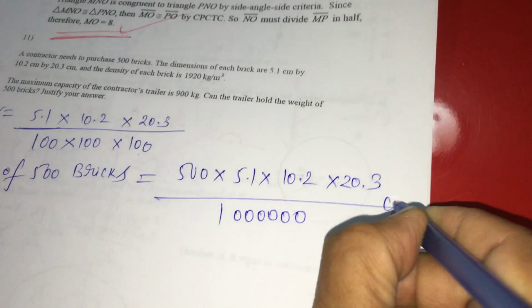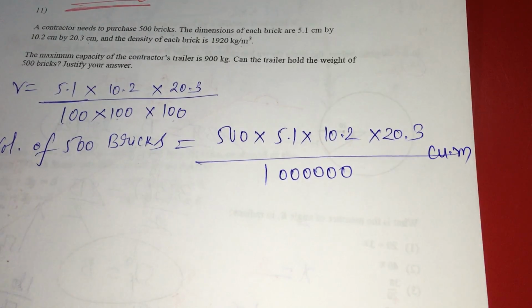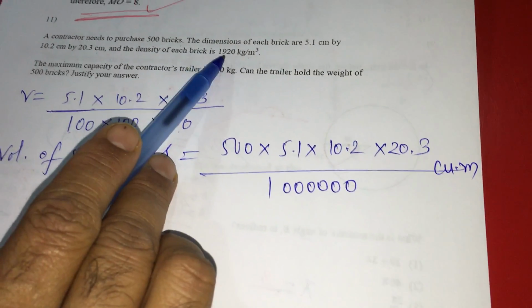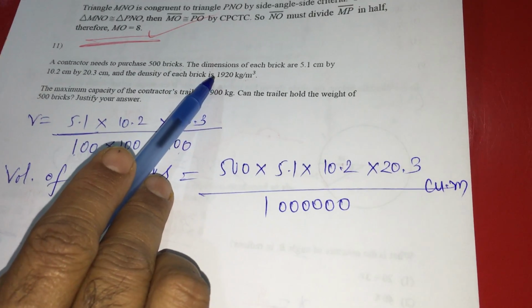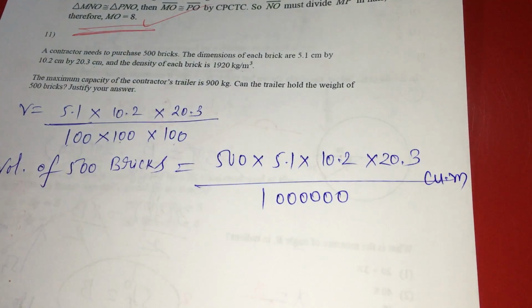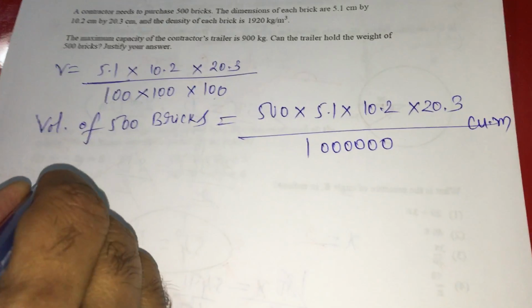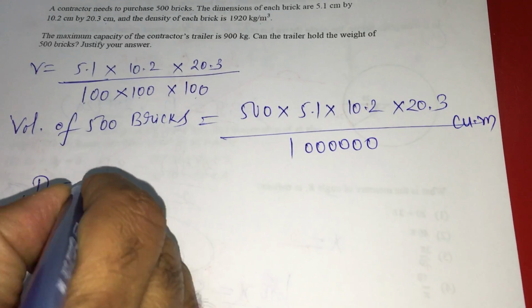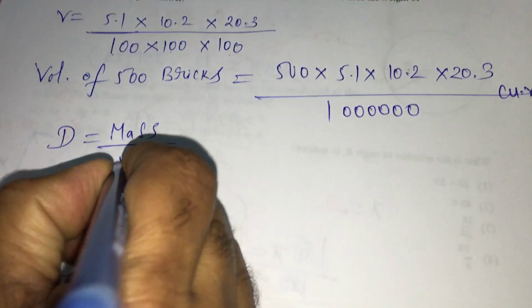This is now purely in cubic meters, that is the volume. But he is giving the density of each brick as 1920. Therefore density is mass per volume.